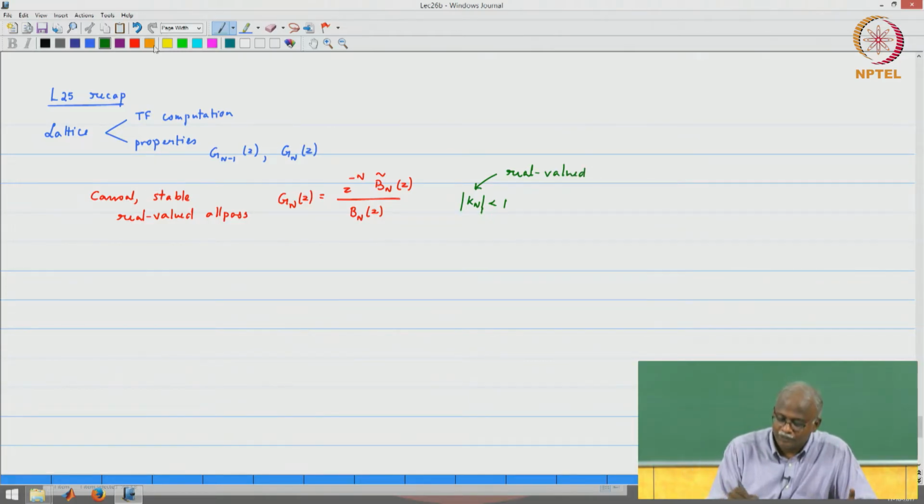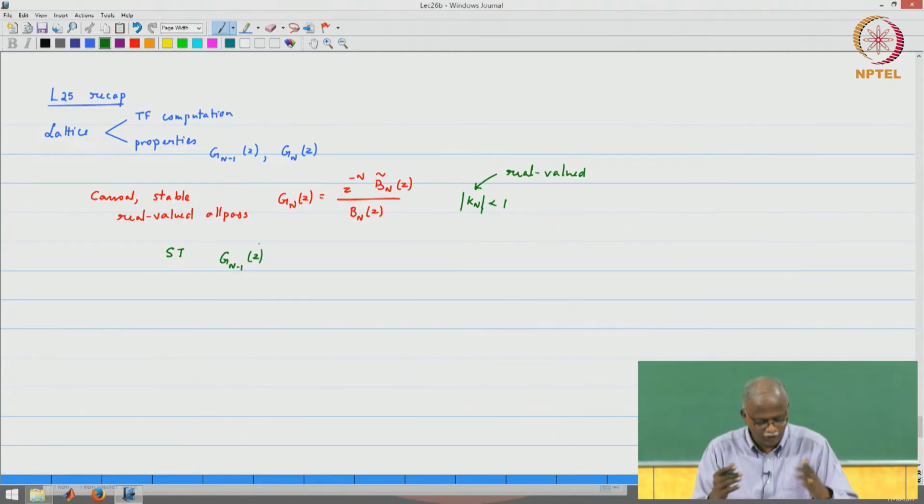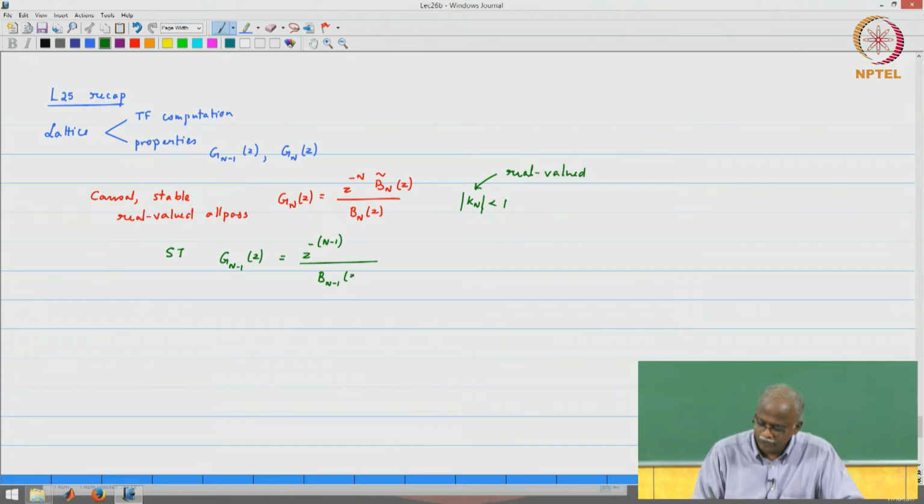We claimed, and this is something that I would like you to validate, that G_{n-1}(z), we have more or less done all the steps, but I would like you to go through and show that, has z^{n-1}, one order lower than the original polynomial. B_{n-1}(z) is the denominator, and the numerator is B_{n-1} tilde(z).